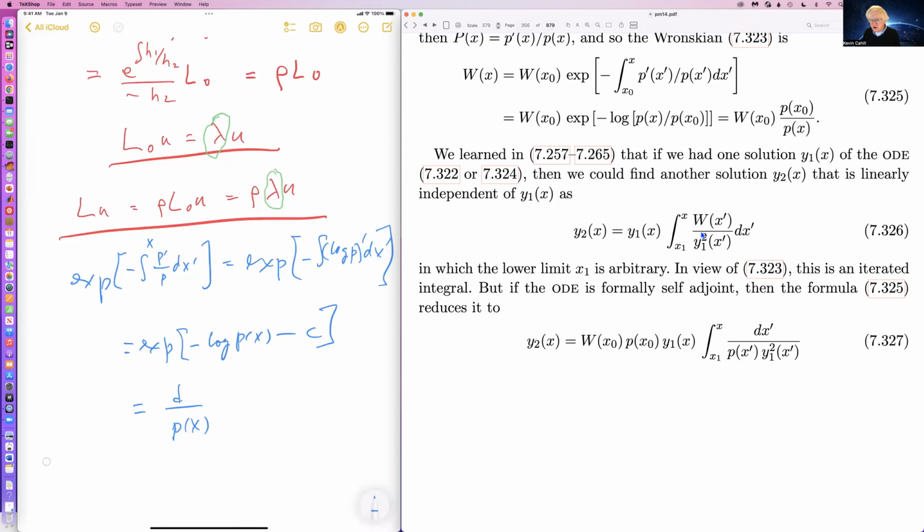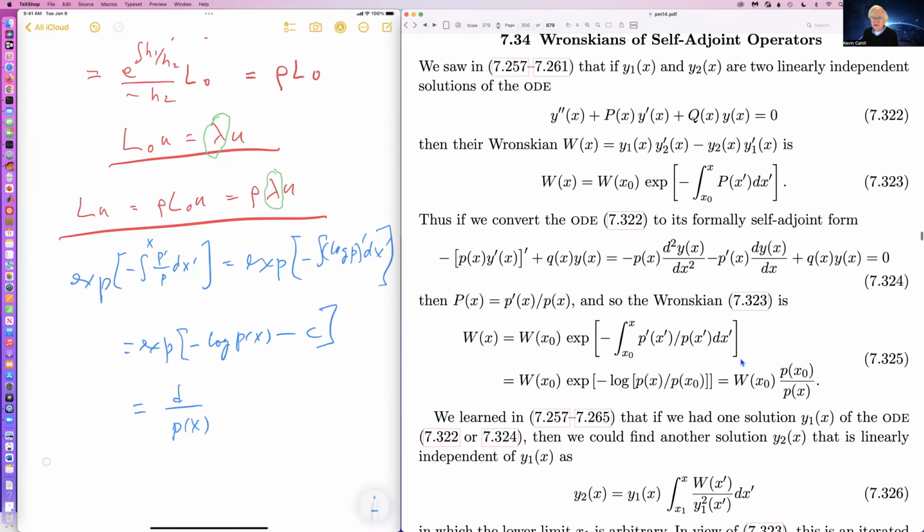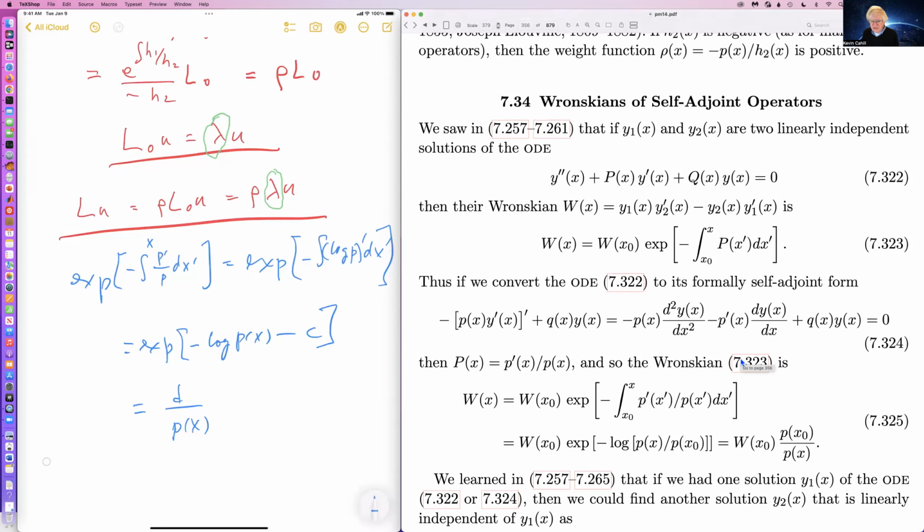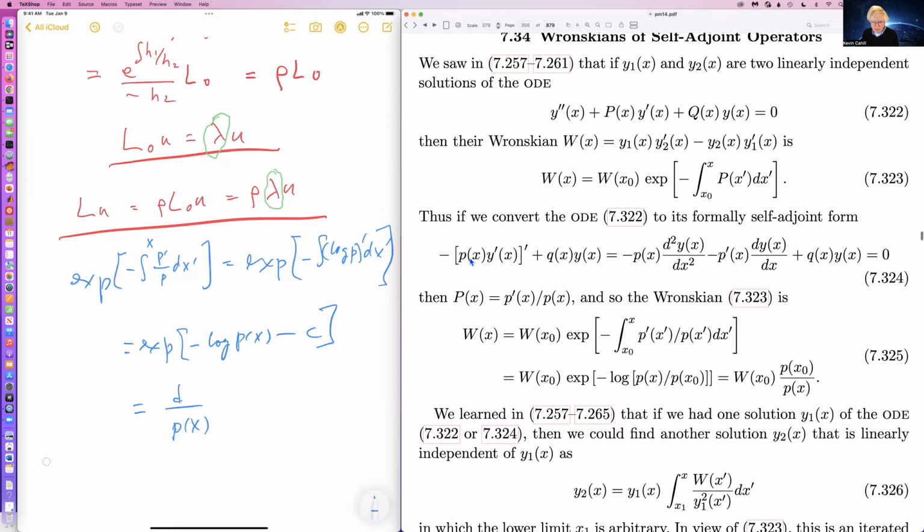So this expression, the second solution being the first solution times an integral of the Wronskian over the square of the first solution, is now just an integral over the square of the first solution multiplied by the known function p of x prime, p being the p that occurs in the self-adjoint form. So that's one of the many reasons why self-adjoint form is nice.